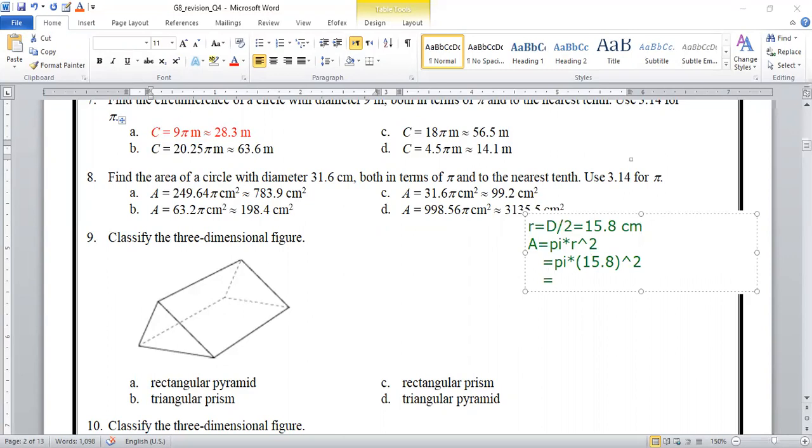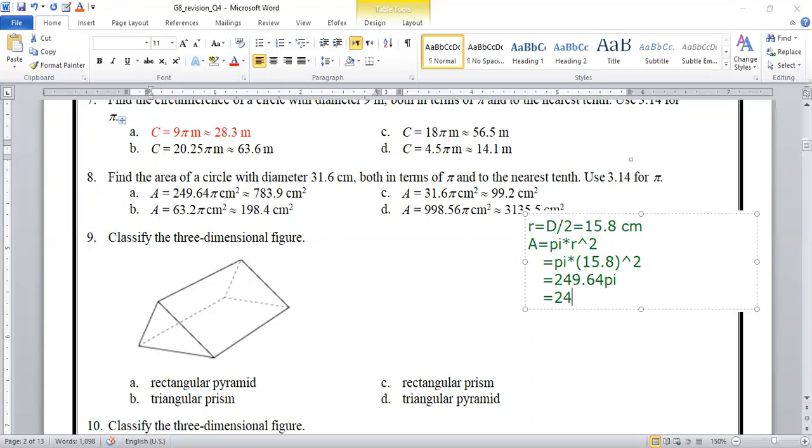So 15.8 squared equals 249.64, giving 249.64 pi.